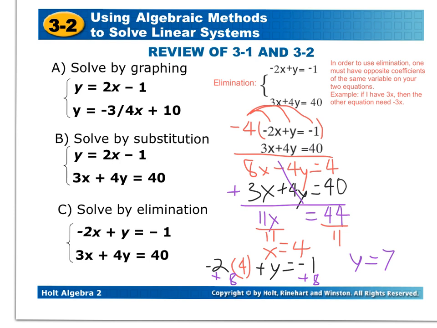Checking the bottom one then, we see that 3 times 4 is 12, 4 times 7 is 28, and again 12 and 28 is 40. Therefore, I know that my answer is indeed x equal to 4 and y is equal to 7. And that is my answer.